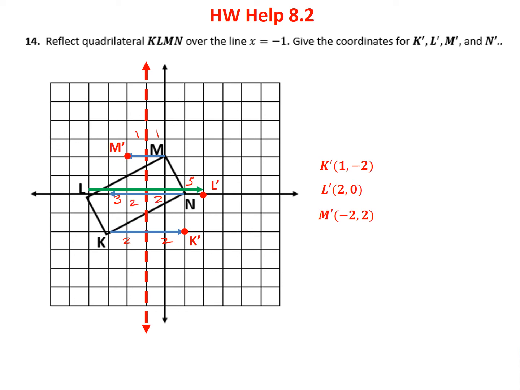And so our point there is our N prime, and it has a coordinate of (-3, 0). And there is our new rectangle reflected over. Different because the sides on the left here reflected over to the right, and the parts on the right reflected over to the left.